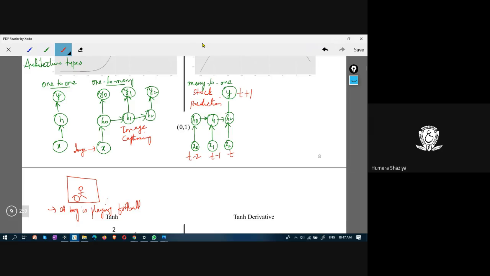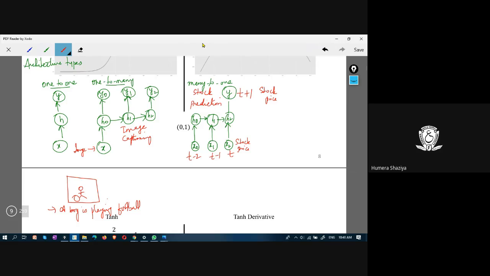And you are specifying all the previous earlier values. This is input, stock price, different prices at different times. Here you want the stock price at time t plus 1.